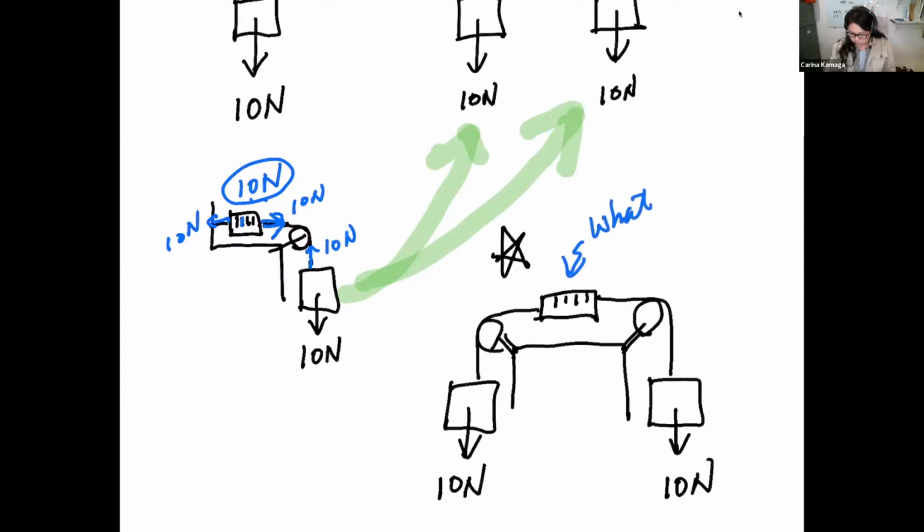What does the scale read? What do you think the scale would read? All right, so I'm going to ask you that in class. You should have your answer ready.